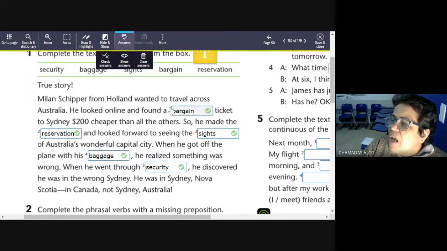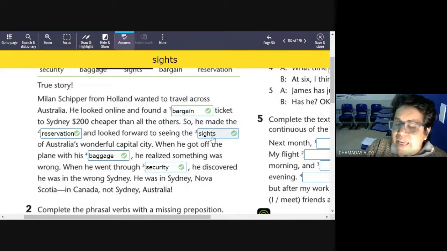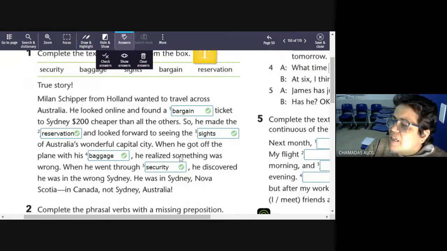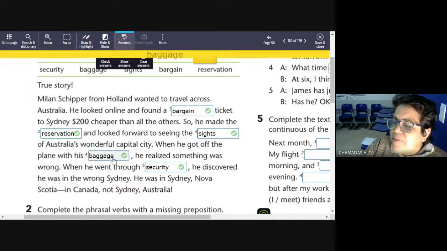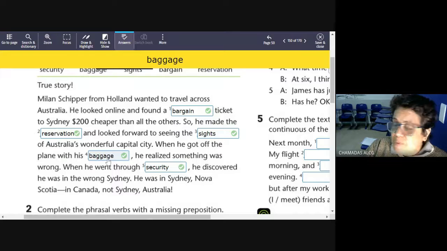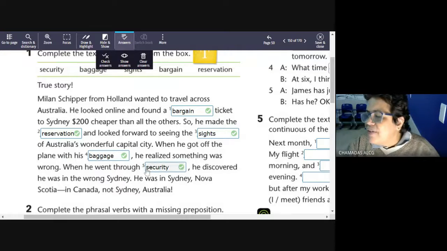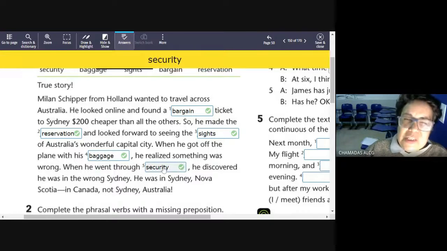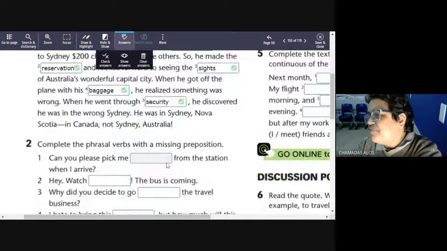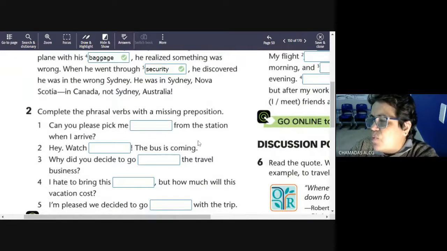So here, a bargain ticket, he made the reservation, he looked forward to seeing the sights. He got off the plane with his baggage and he went through security. Okay.